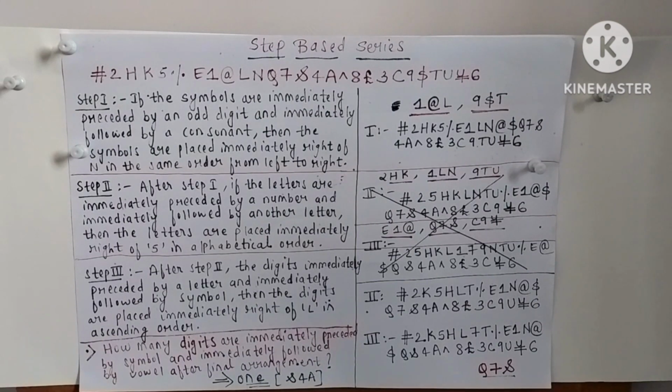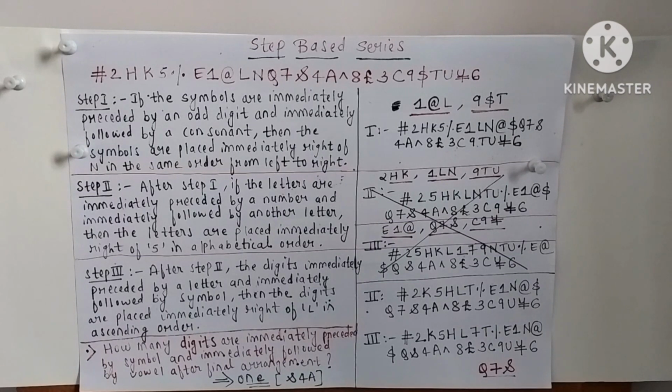Okay, so here the series starts from hash 2 hk and so on till 6. That is the series given to you. So you can see the steps, right? Step 1, step 2, step 3 is given, and then after solving those steps, you need to answer the questions based on the sequence formed after the third step.